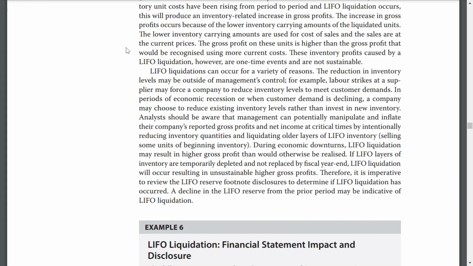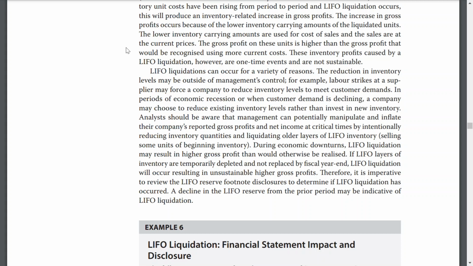Analysts should be aware that management can potentially manipulate and inflate the company's reported gross profits and net incomes at critical times by intentionally reducing inventory quantities at liquidation. During economic downturns, LIFO liquidation may result in higher gross profits than would otherwise be realized.